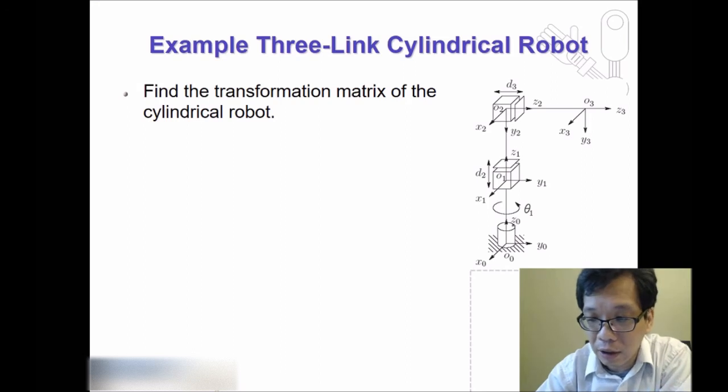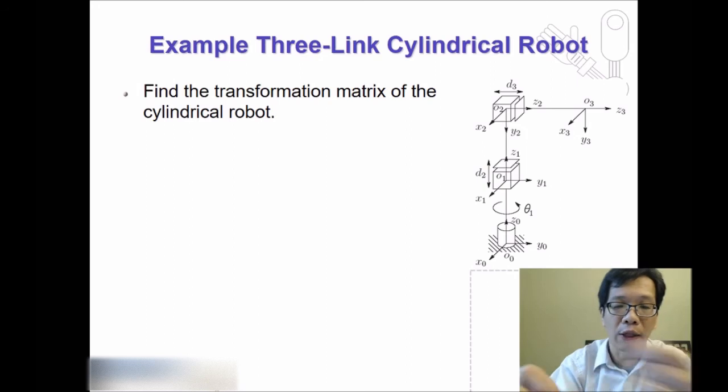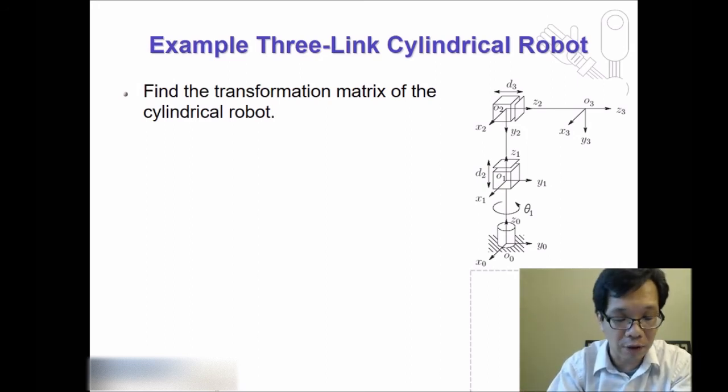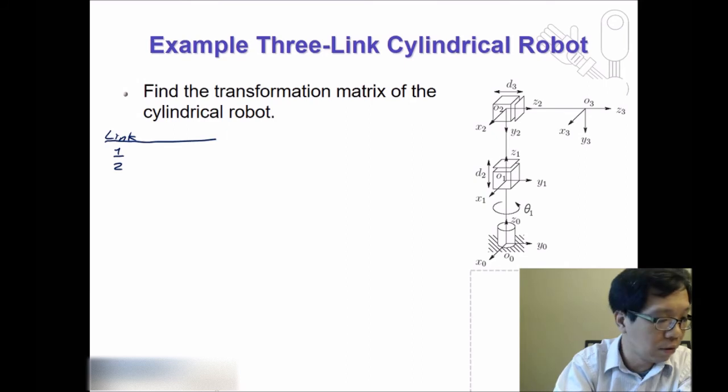I got one linkage over here, second linkage over here, and third linkage over here. So for individual ones, we would need to define what are the four parameters for individual joints or individual links. Since we have three links, it's going to be 1, 2, and 3.